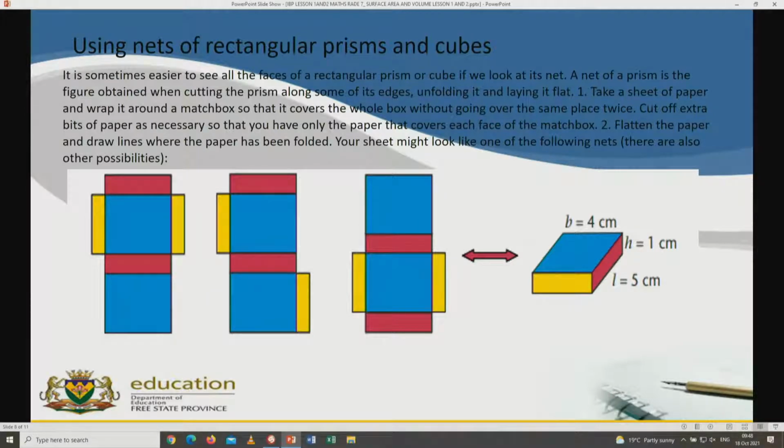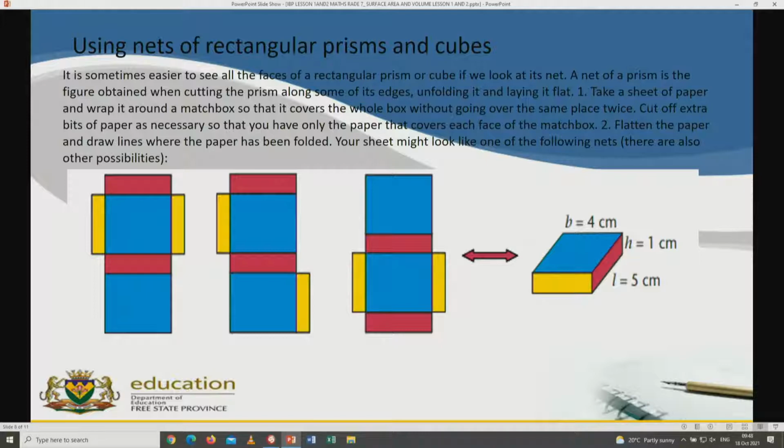We have seen and investigated the net of a cube. Now our focus is on a rectangular prism. It is sometimes easier for us to see all the faces of a rectangular prism or a cube if we look at its net.